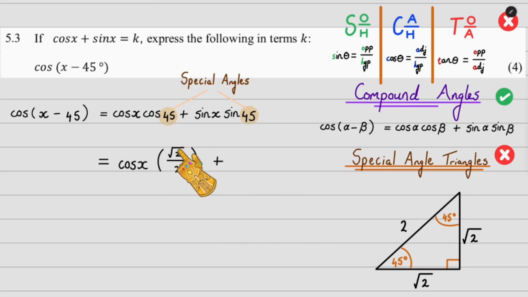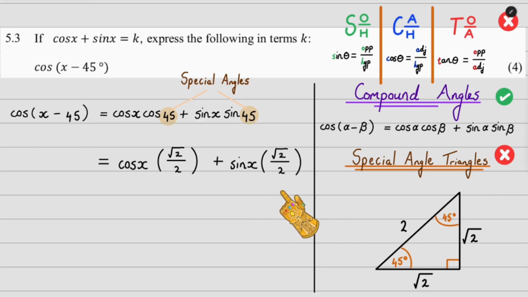And I like to put it in a bracket to help remind myself that I'm actually multiplying these two factors. Okay, now the sin x can stay behind, nothing happens to it. And I'm going to do something very similar with sine of 45. Sine is opposite over hypotenuse. So if I'm using 45 as my reference angle, opposite over hypotenuse, so it's also root 2 over 2.